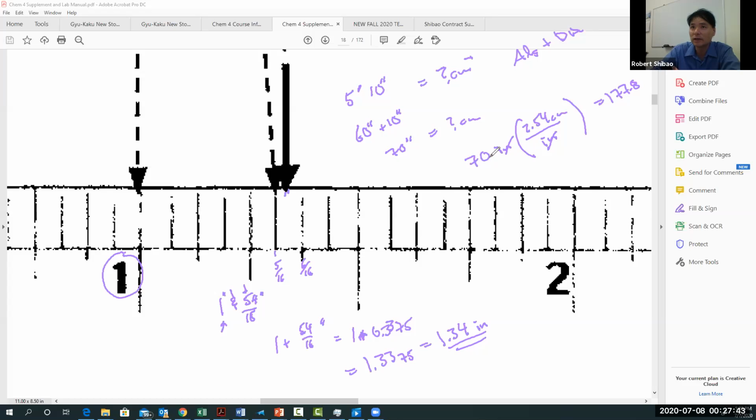Well, if this were 2 sig figs, then I would have to go to 180 centimeters, and that 0 doesn't necessarily have to be significant there. Or 1.8 times 10 squared centimeters, which would be proper there.